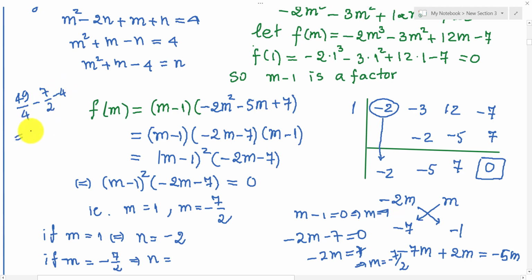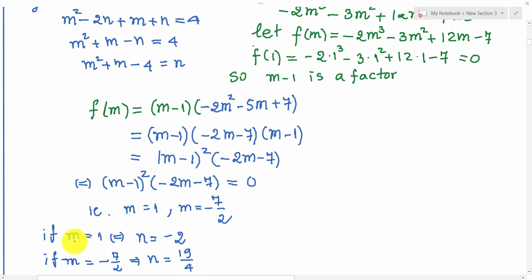Okay, we get this 49 minus 14 and minus 16 over 4, and equal this 49 minus 14 to get 35 minus 16, we get 19. Okay, now over 4. Okay, so we get n equal 19 over 4.